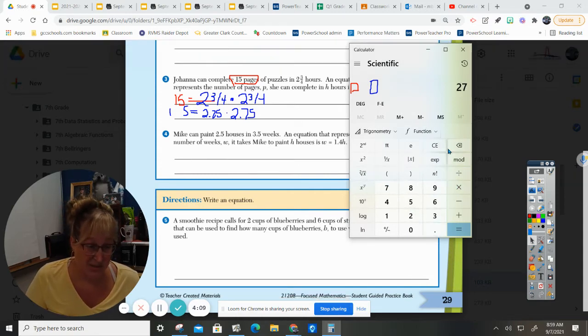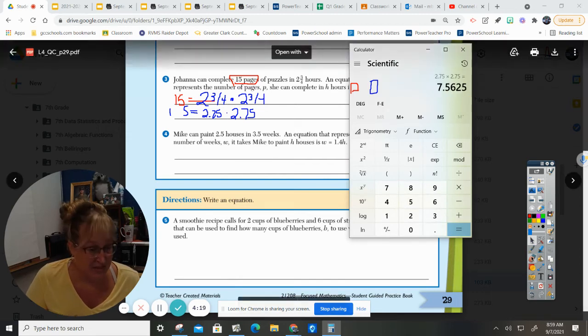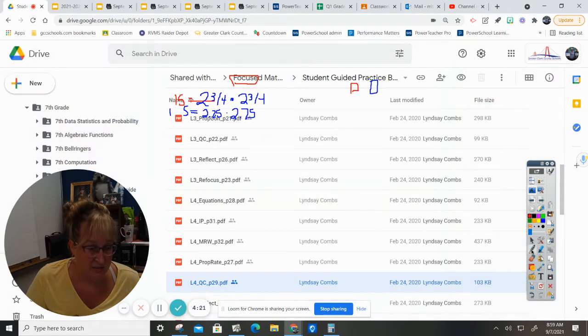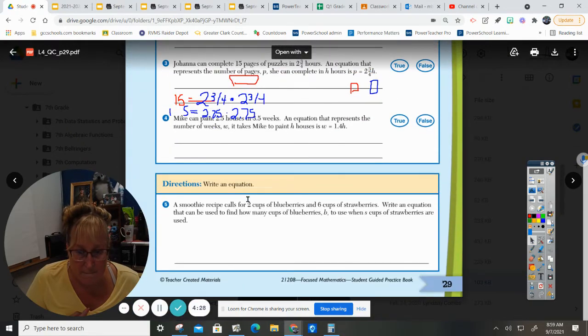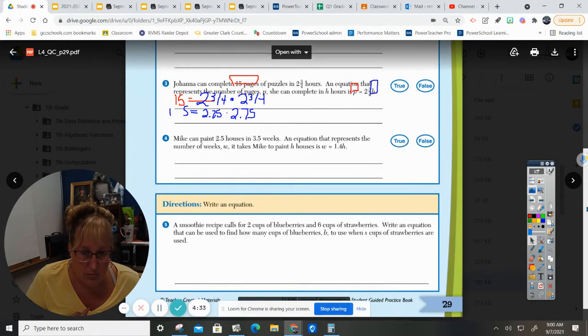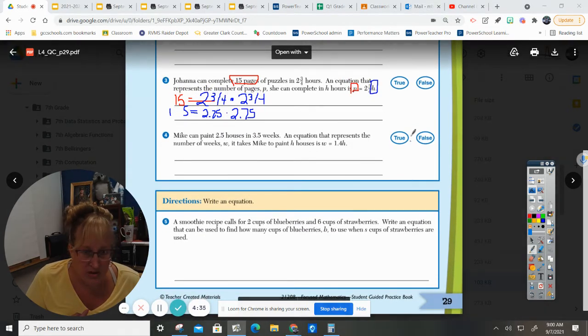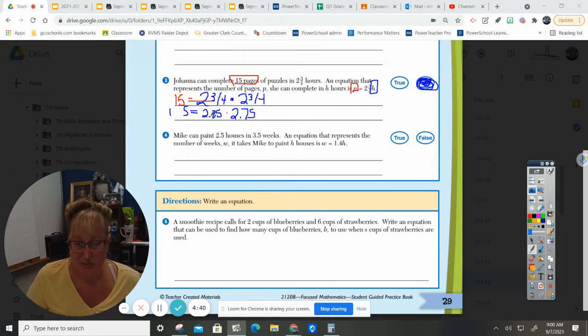And I'm going to say no. 2.75 times 2.75 equals 7.56. The answer to that is false because it's like 7 point something. So this does not equal.